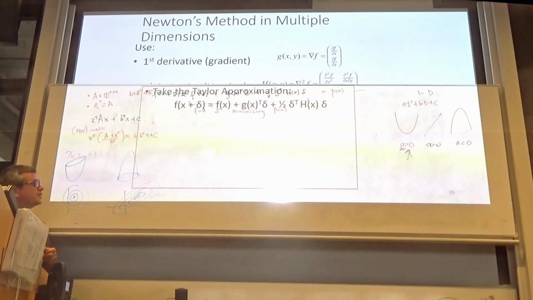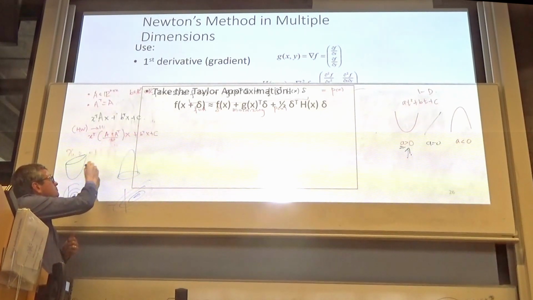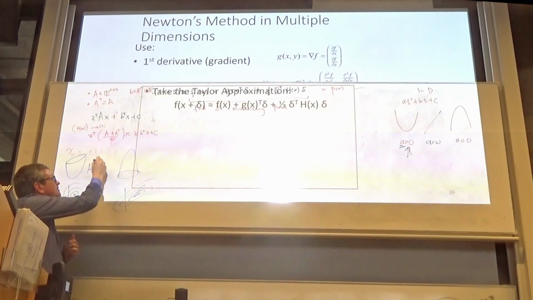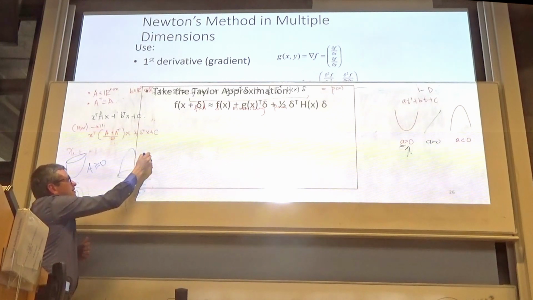What else do we have? This is called positive definite. This is called negative definite. So this is the case when A is positive definite, and this is the case where A is negative definite.